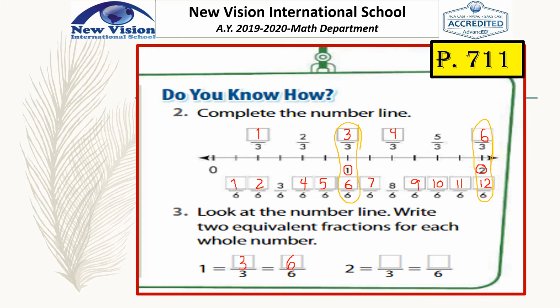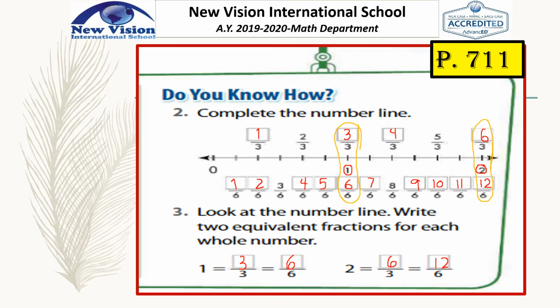So we have here these numerators. 2 is equivalent to 6/3, and 2 is equivalent to 12/6.